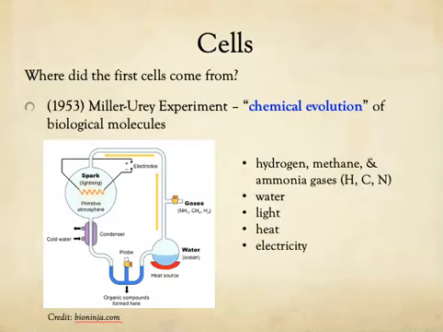There's an important group of scientists and an important experiment that you should be familiar with in terms of the history of the emergence of cellular life. It's an experiment that took place in the 1950s by a couple of scientists named Miller and Urey. So we refer to this as the Miller-Urey Experiment.